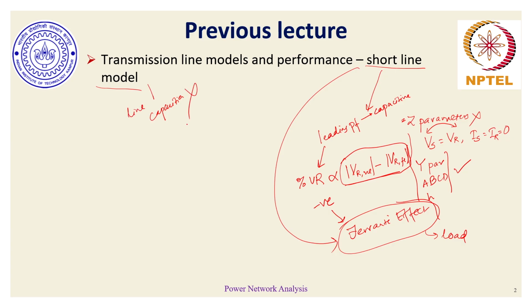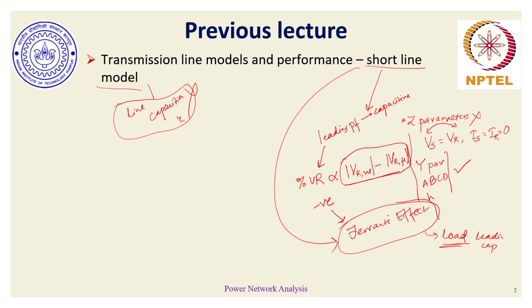So there is no presence of charging current, and even if the line is energized, the line won't have any extra charging current obtained from line capacitance, because line capacitance is absent. So my intent was that the Ferranti effect in the short line model doesn't come up because of this line charging which is not being considered, but it can still happen depending on the type of load which is connected, specifically for leading power factor loads or capacitive loads. For lagging power factor loads, the percentage voltage regulation will still generally remain positive.